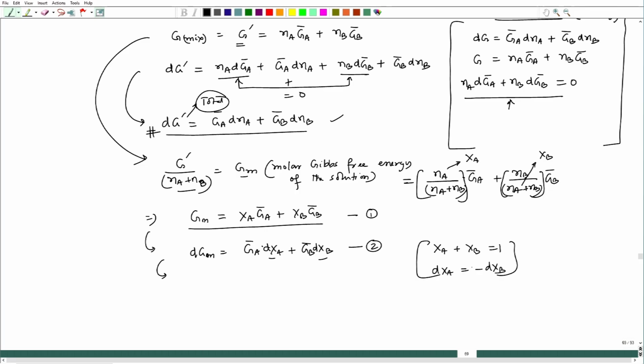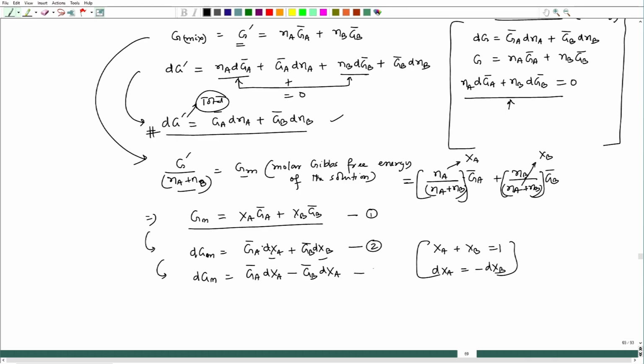Once we know this, I can write this equation as dGm equal to Ga, and I can replace dXb with minus dXa.